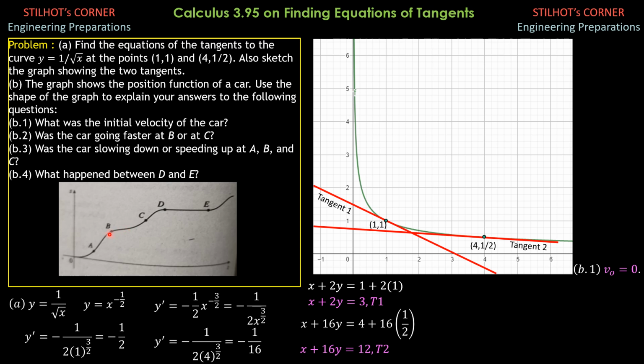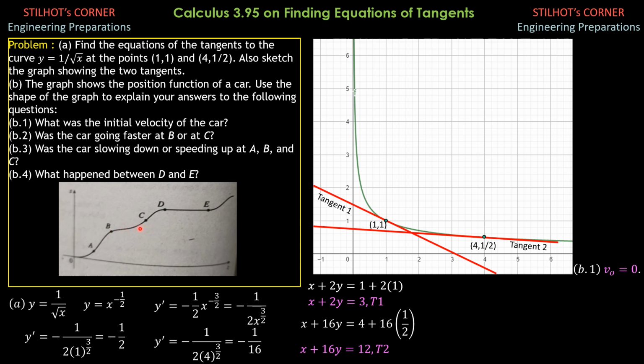And as we move from B to this point C here, it begins with a positive slope, but a gentle slope. The slope decreases until there is an almost horizontal tangent here. So that means the velocity is slowing down.